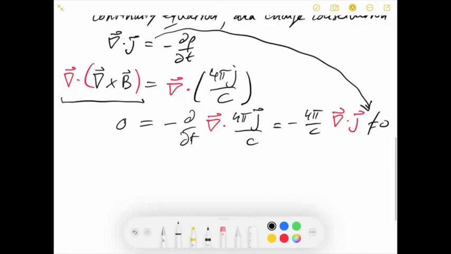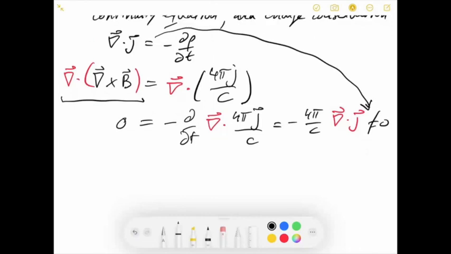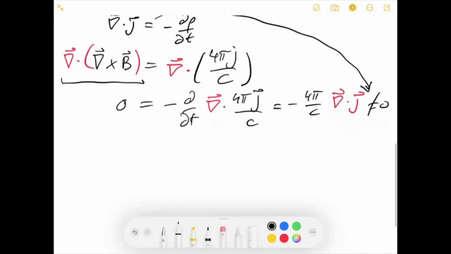We have a divergence of J, and we need to add something that once we take the divergence looks like ρ, and fortunately we have the divergence of E being 4πρ.